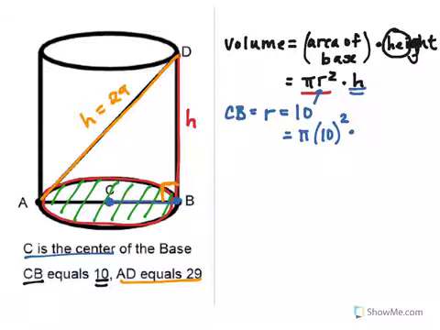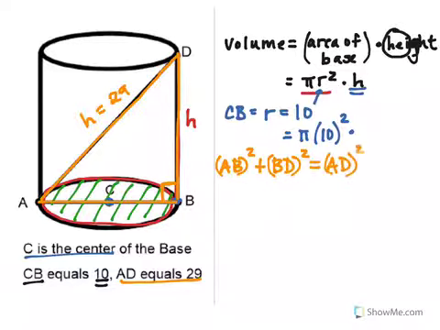Therefore, AB squared plus BD squared is going to be equal to AD squared, which is just my Pythagorean theorem.